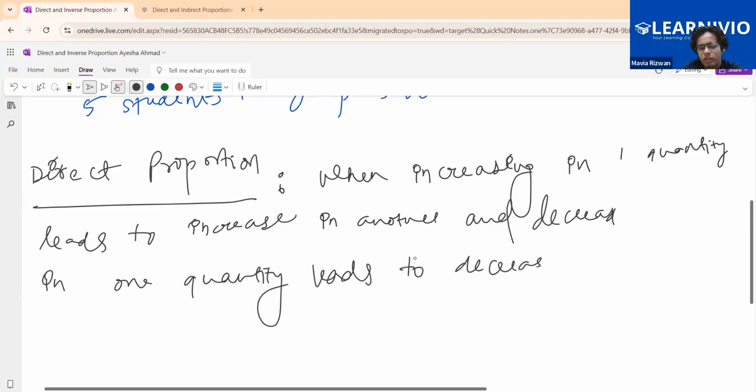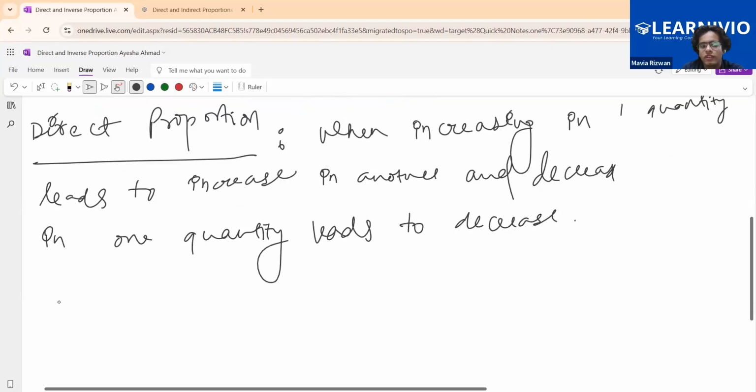This is direct proportion in a fixed ratio. This is very important: in a fixed ratio. Okay, this is direct proportion.